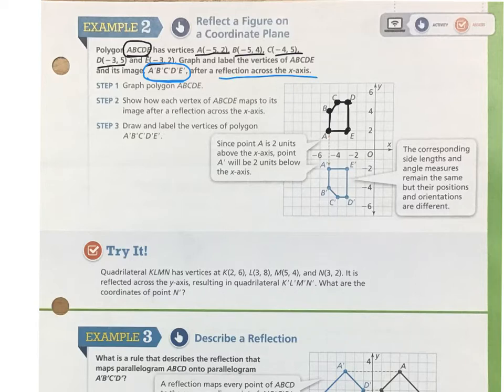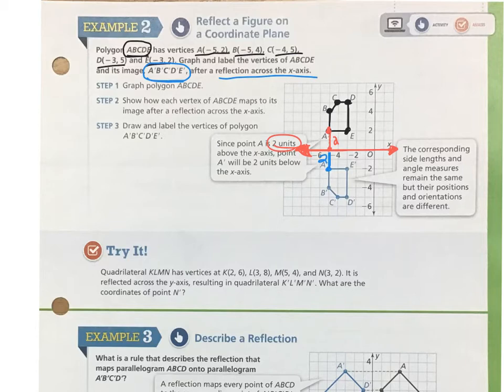So the first thing that you're going to want to do is make sure that you understand where the x-axis is and where the original image is located compared to that x-axis. So in this case, you'll notice that the distance between the x-axis and point A is a distance of 2 units, which means the image will also have a distance of 2 units from the x-axis, but in the opposite direction.